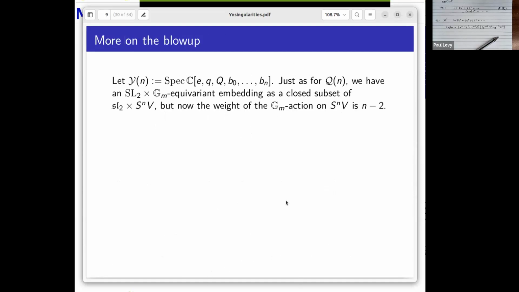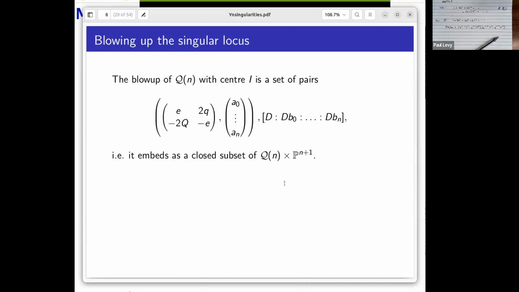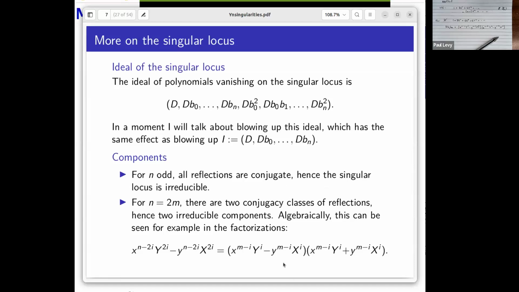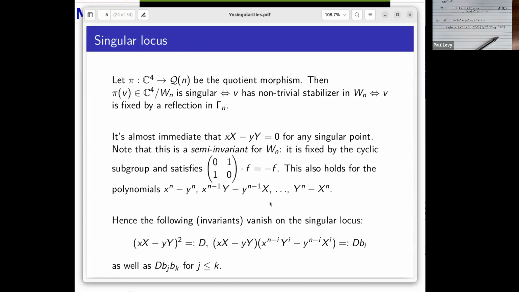Let's move on. You notice that we've still got the SL2 here, and then we've got these BI, which also generate a copy of SNV, but the degree now is, if you look at DBI, that's of degree n+2, and D has degree 4.